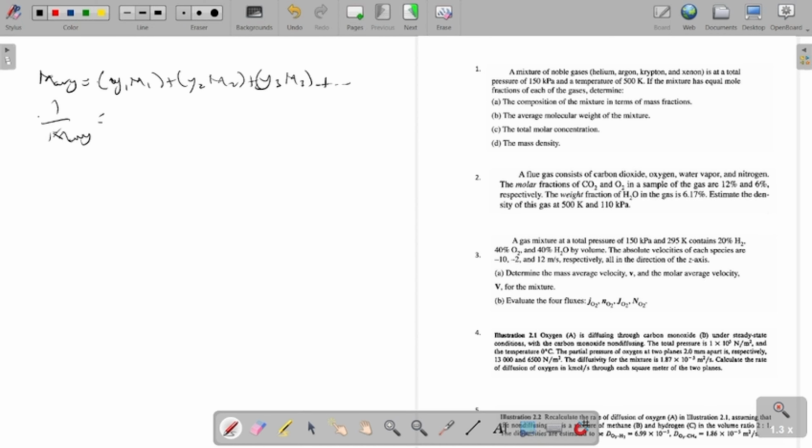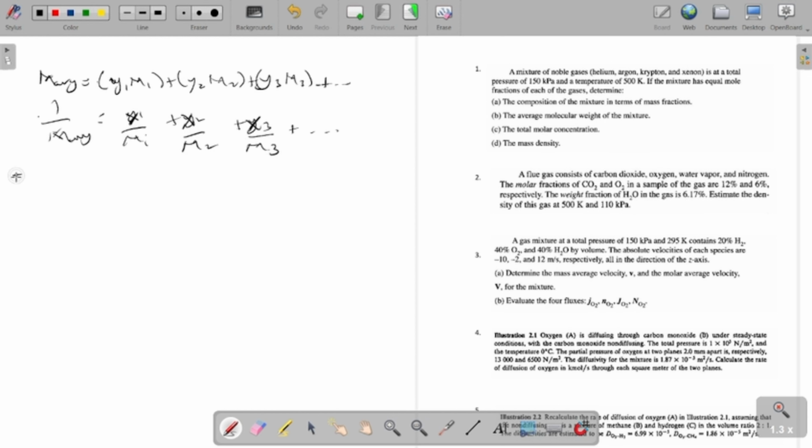When you are using the mass fractions, it is x1 over m1 plus x2 over m2 plus x3 over m3, and so on, taking the reciprocal. Let me use x for the mass fractions. So you can use either the mass fractions or the mole fractions; any of them works.